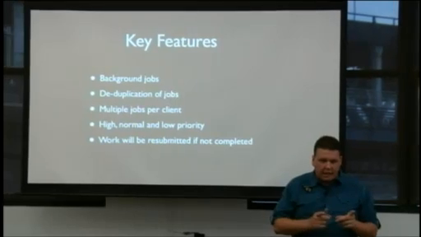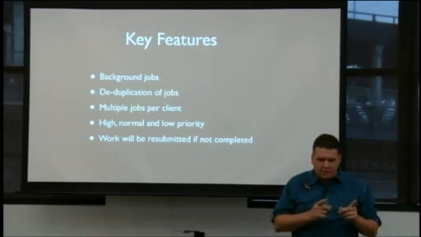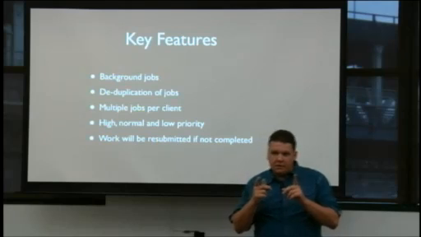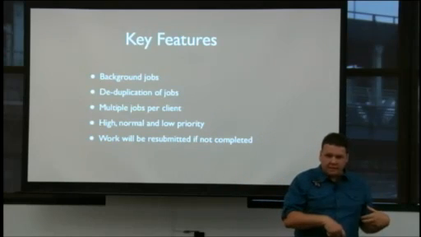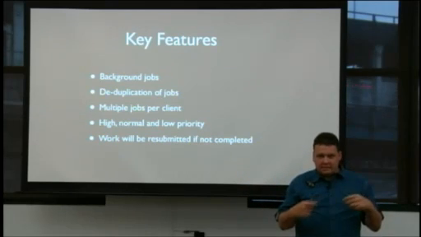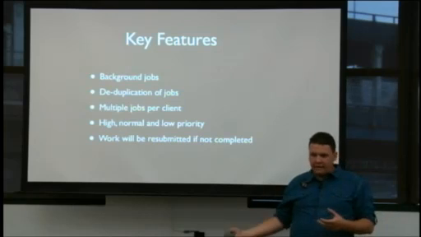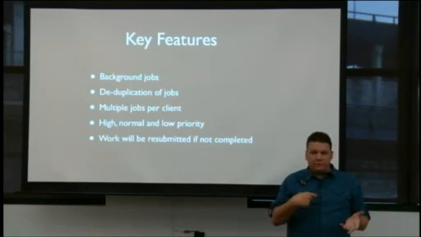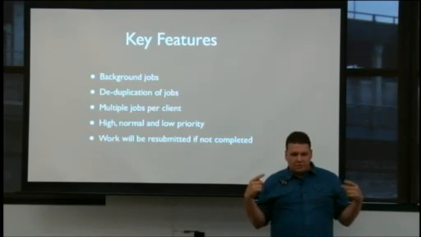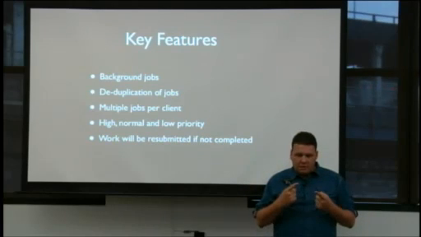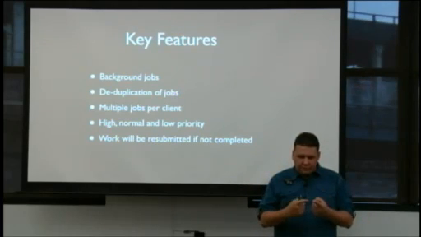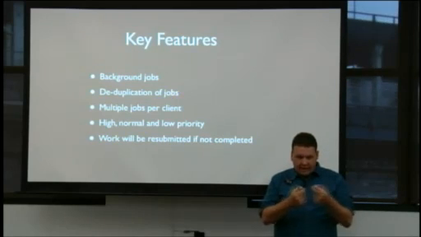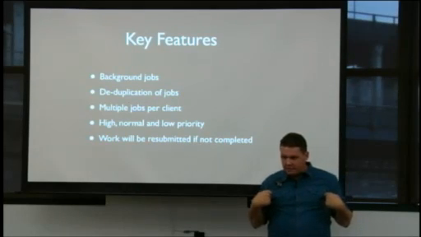If another client requests work to be done with the same job ID, Gearman D will ignore that second request. That is to say, it won't have that work done twice. If it's a foreground request and two clients ask for the same job, it will have both of those clients wait for the one job to be performed, and then it will give that answer back to both clients.